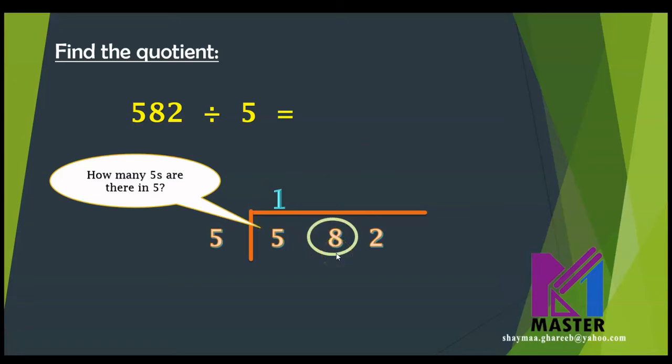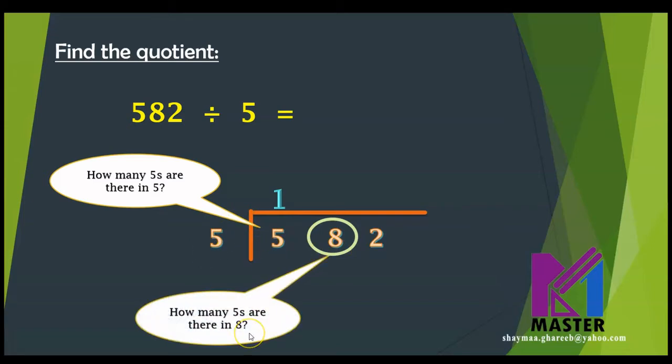And I will do the division. 8 divided by 5, which means how many 5's are there in 8? Only 1 5, and there will be a remainder of 3. Where to put the remainder? Between the 8 and the 2, or next to the 8 on the right side.